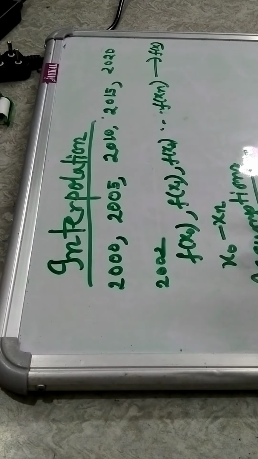Number two, the rise or fall in the values should be uniform. And number three, there is a definite and stable relationship y is equal to f(x). And these are the three assumptions.